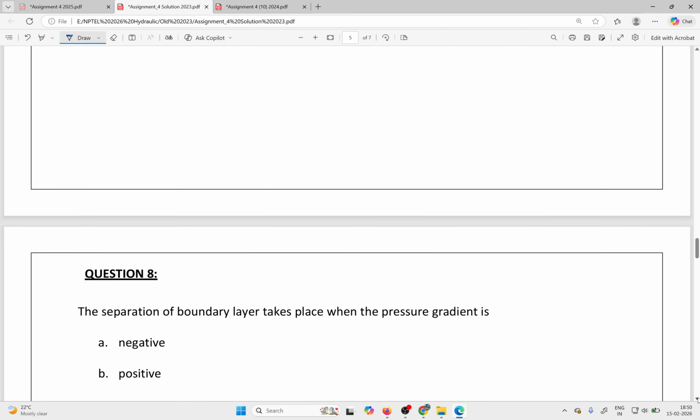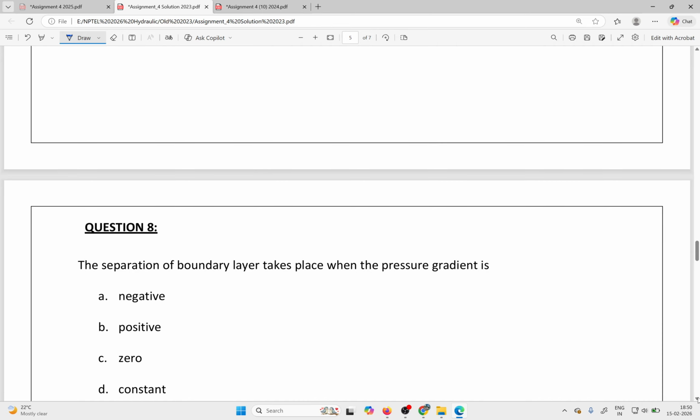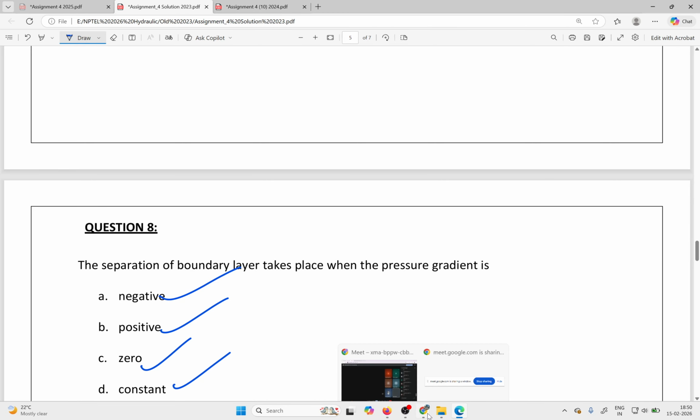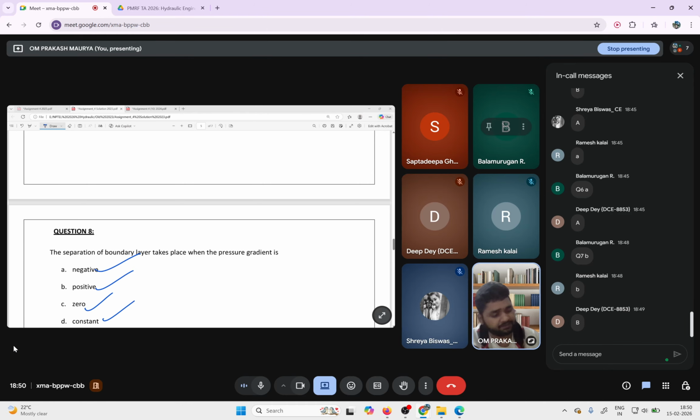Next is question number 8. The separation of boundary layer takes place when the pressure gradient is negative, positive, zero, constant. For question number 8, your separation of boundary layer takes place when the pressure gradient is positive, negative, zero, constant.